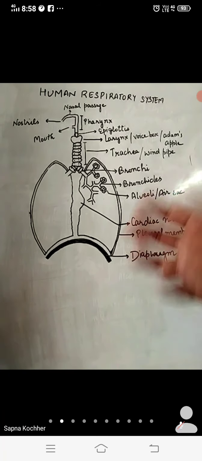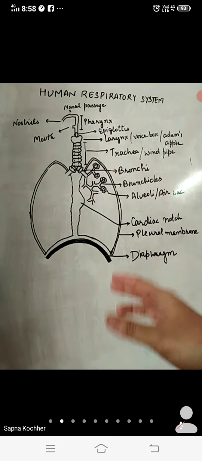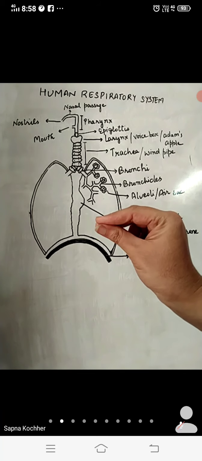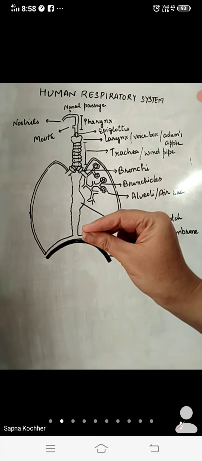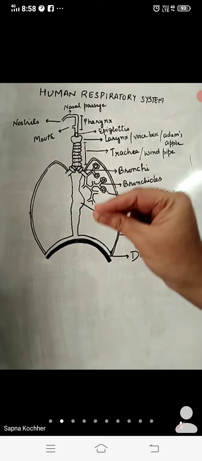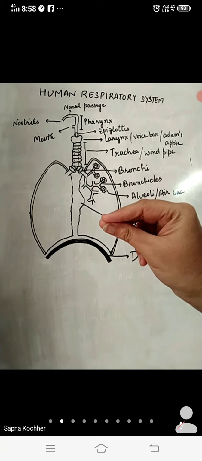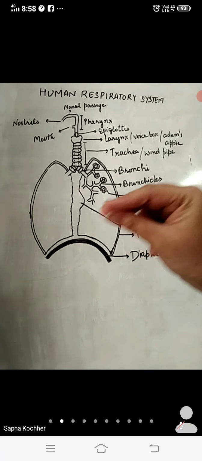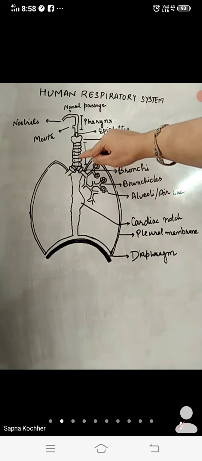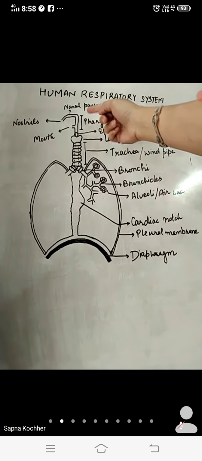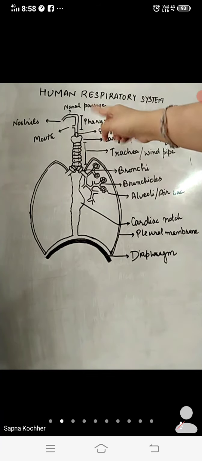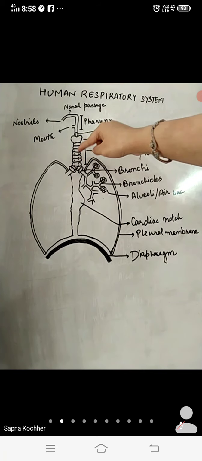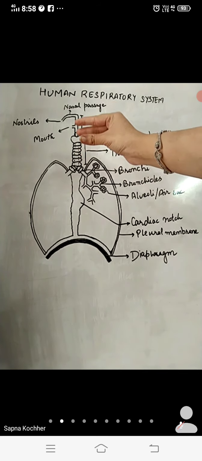Suppose when you draw out all the cold drink using a straw, and it is all empty, then the walls of that straw get pressed and combine like this, right? That is because there is no air at that time. So when our system exhales out all the air, at that time this trachea, that is the windpipe, can also stick like this.